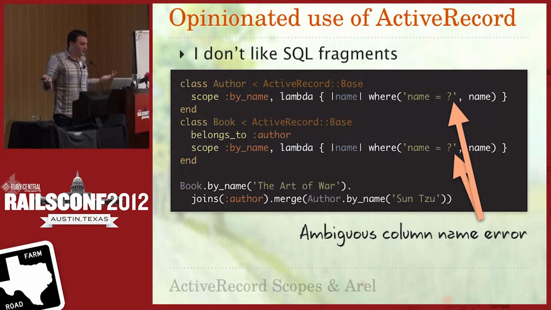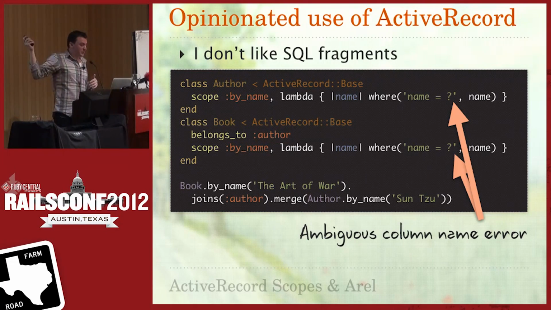So how would you resolve this ambiguous column name error? Well, you'd put authors here, like authors.name and books.name. That would be one way of preventing the ambiguous column name error. Another way is don't use the SQL fragment, don't use the string. Just use a hash or use Arel or whatever, and you won't have that possibility, essentially.